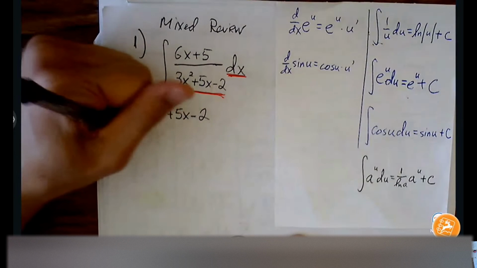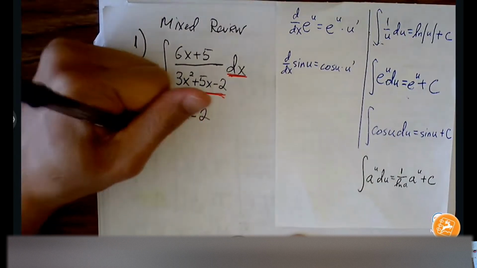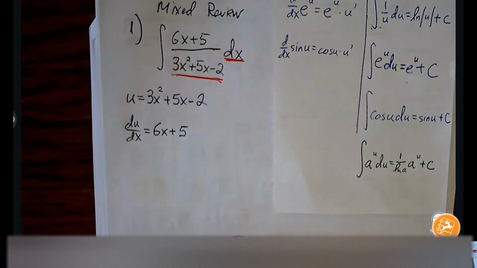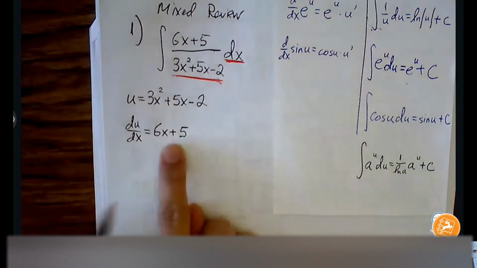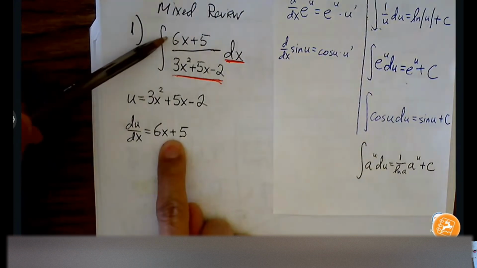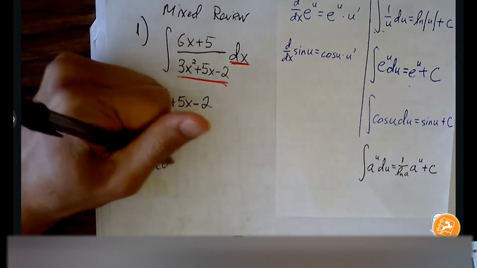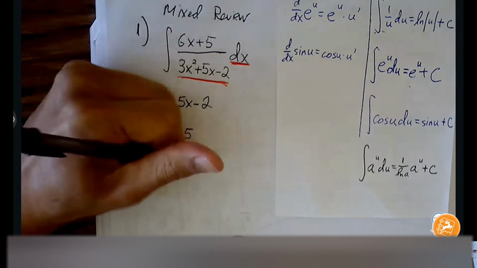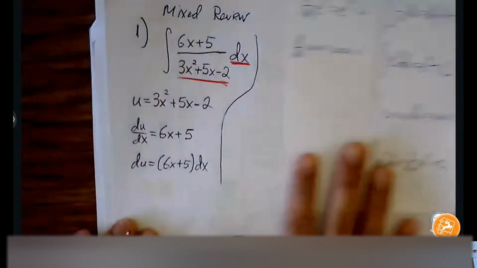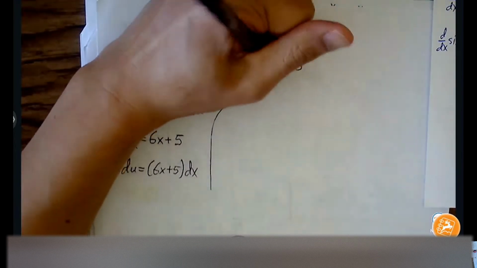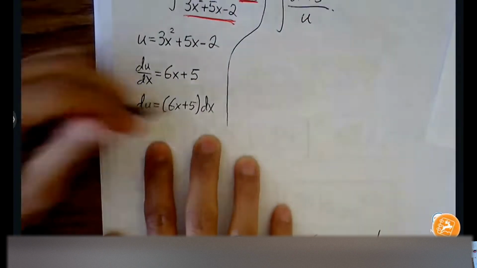Okay, du dx. Cross multiply. All right, that's a good sign, right? That 6x plus 5 showing up is helpful, right? We know that. All right, we should be able to get a clean match here. Do that one additional step here.